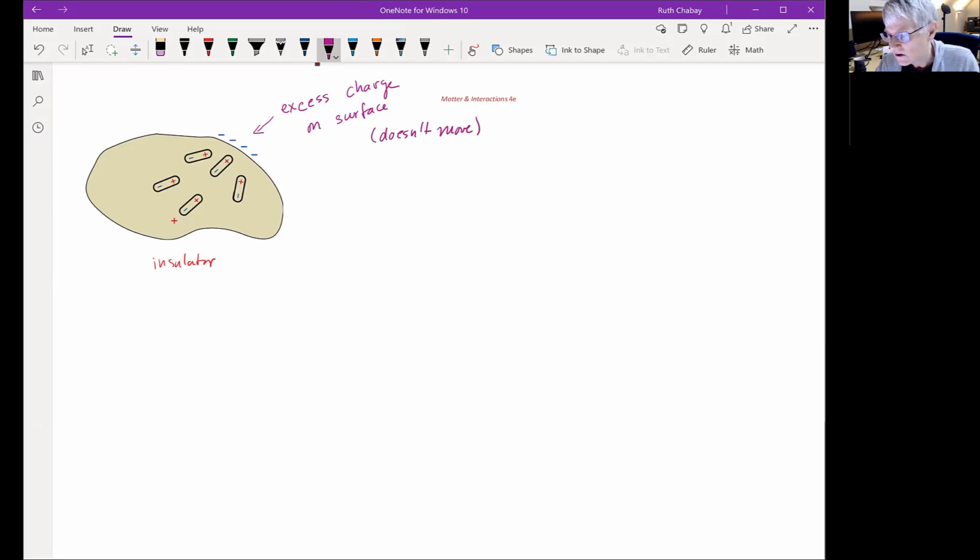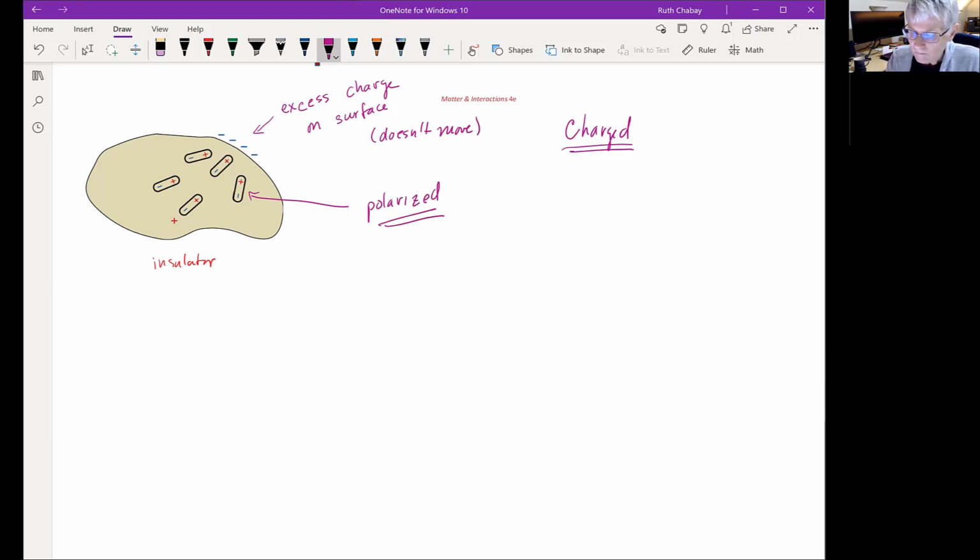So this object is charged because its net charge is not zero, but it's also polarized because this excess charge affects the molecules inside this insulator, so they polarize. So an object can be both charged and polarized.